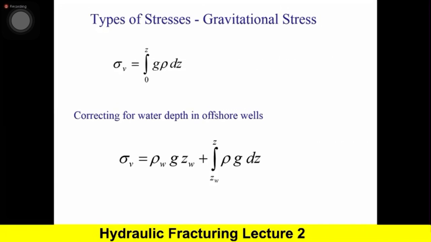So if I do not know anything about the formation and I'm just making a very quick estimate, I would say my formation is 5,000 feet deep, multiplied by 1 or 1.1 psi per foot. Then my vertical stress should be between 5,000 and 5,500 psi. So that is an easy way to do it.